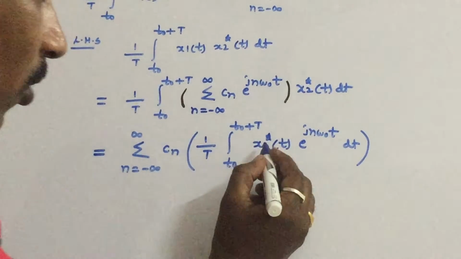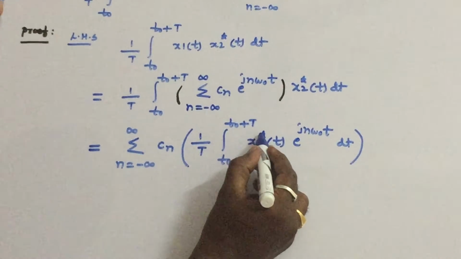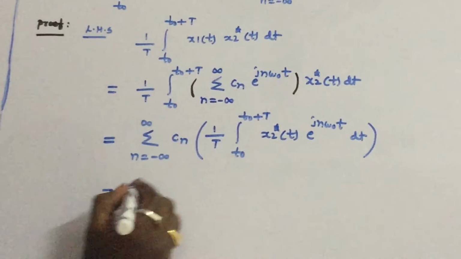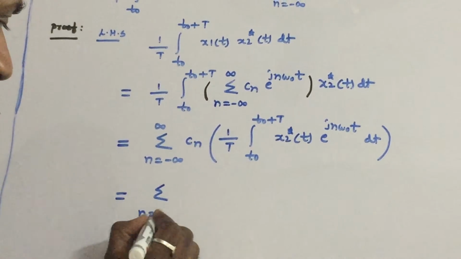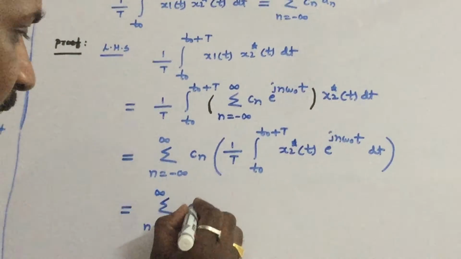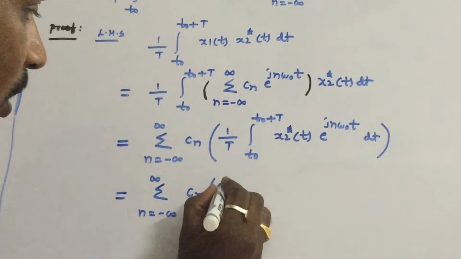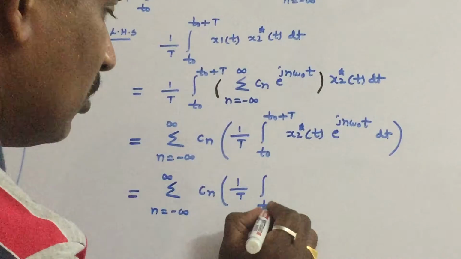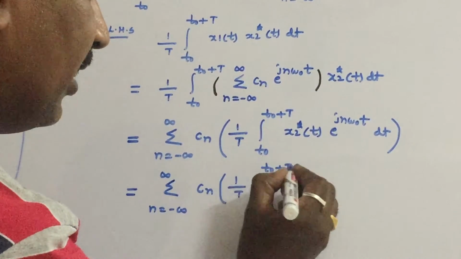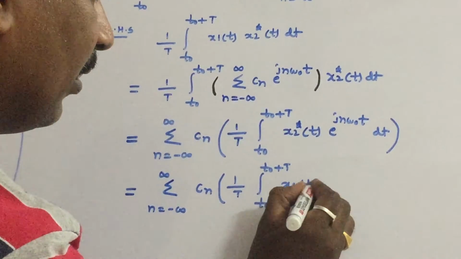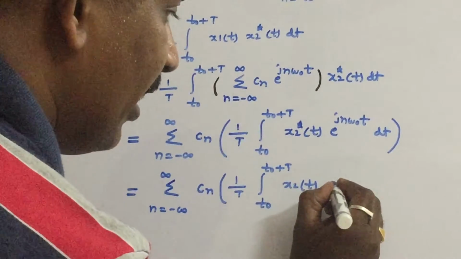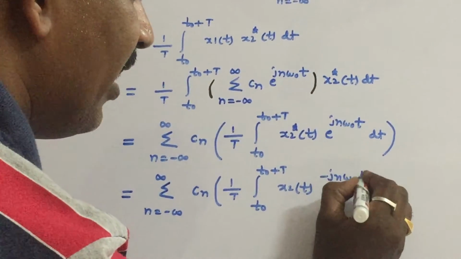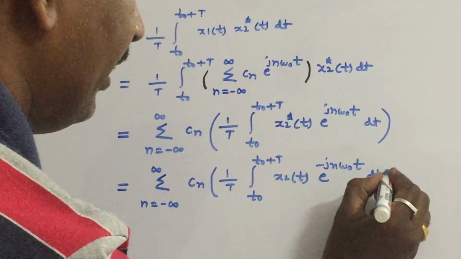Now remove this complex conjugate and write it outside of the bracket. How to convert this? Let us see. Summation n equals minus infinity to infinity Cn, 1 by T. I slightly change this: t0 to t0 plus T x2 of t, remove the star, and replace it by the complex conjugate of e power minus j n omega 0 t dt.